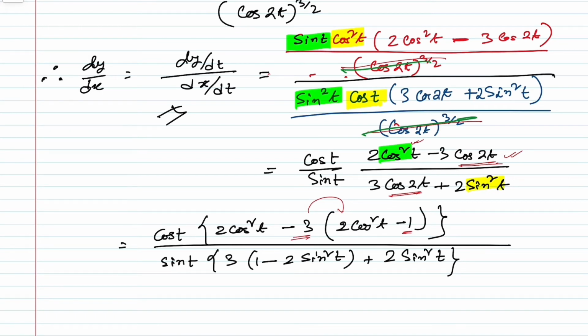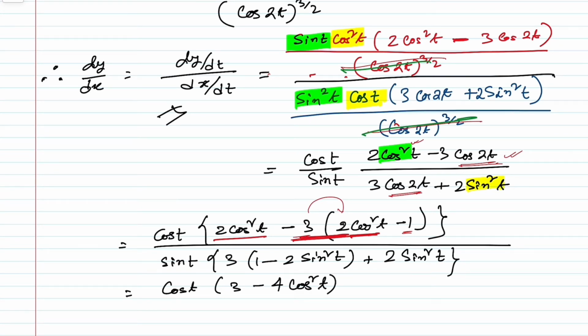So we get cos t times 3 minus 4 cos square t, because from 6 cos square t minus 6 cos square t plus 2 cos square t, it is going to be minus 4 cos square t.